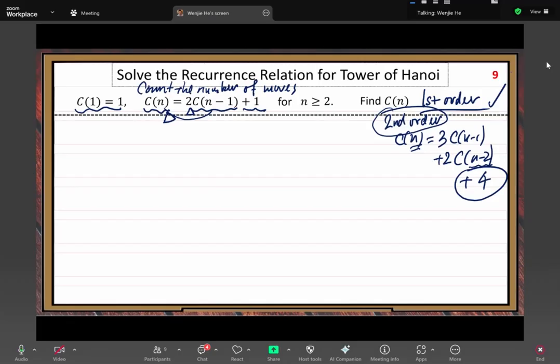How do we modify the problem to make it easier? Here you can see this +1 is quite annoying. You just add one number, but that one number makes the problem harder to solve. So first, we want to simplify the problem. We drop this +1.